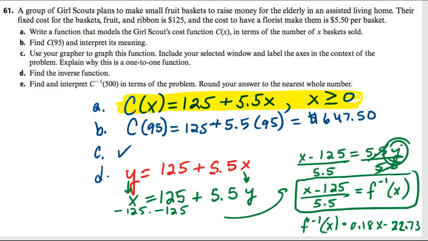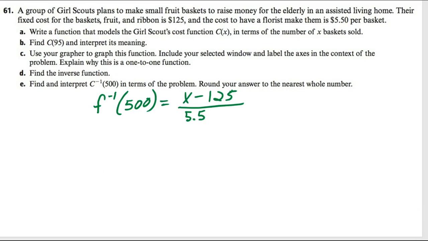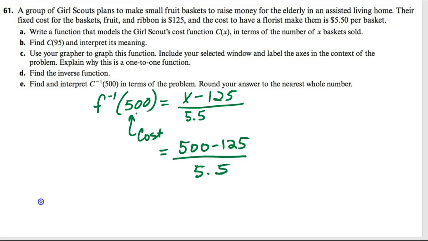Part E says, find and interpret the inverse of C at 500 in terms of our problem. So now when you're looking at the inverse, you have to realize that the input no longer is baskets. Now the x and the y have been swapped. So my input now is going to be my cost, right? So in other words, if I evaluate this for an x of 500, I get 68.